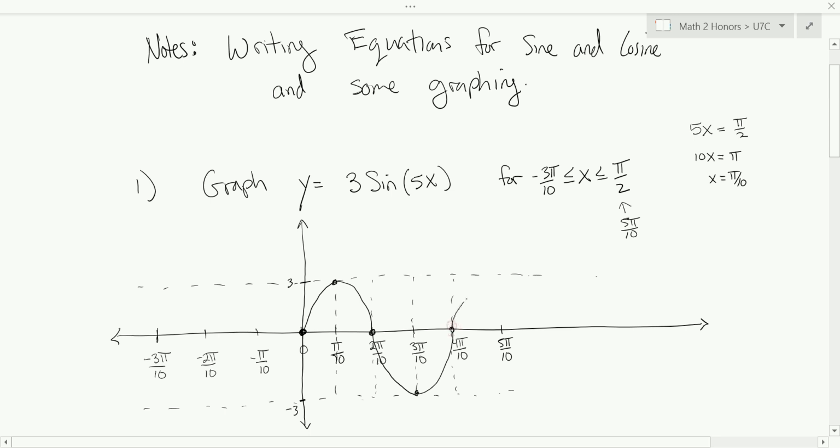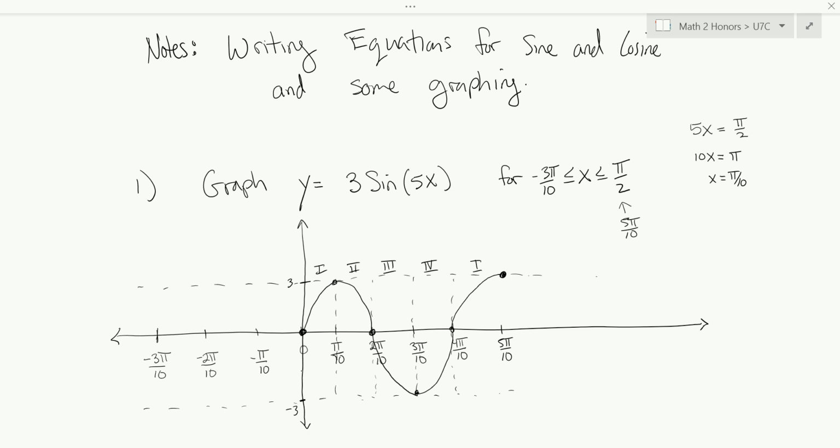So we hit quadrant 1, 2, 3, 4, and then quadrant 1, and then stopped. But we need to go backwards now. And notice you always want to start at your y-axis because that's how we've memorized what the shape looks like from the y-axis. I didn't want to start at negative 3 pi over 10 because I don't know how to start that. Okay, so I need to go backwards now.